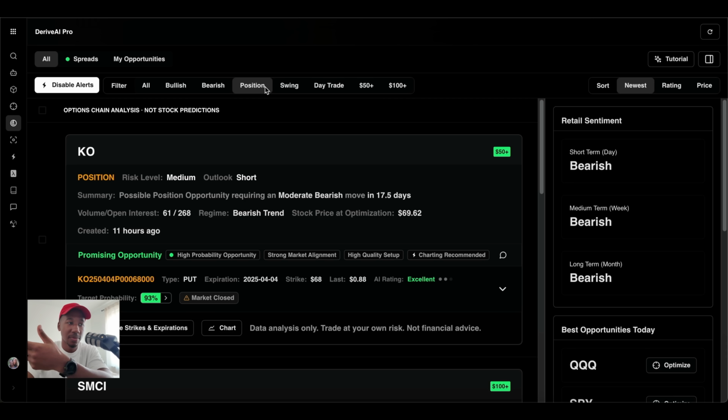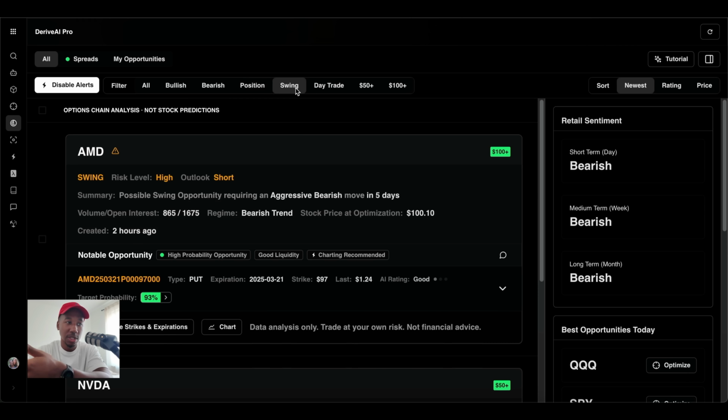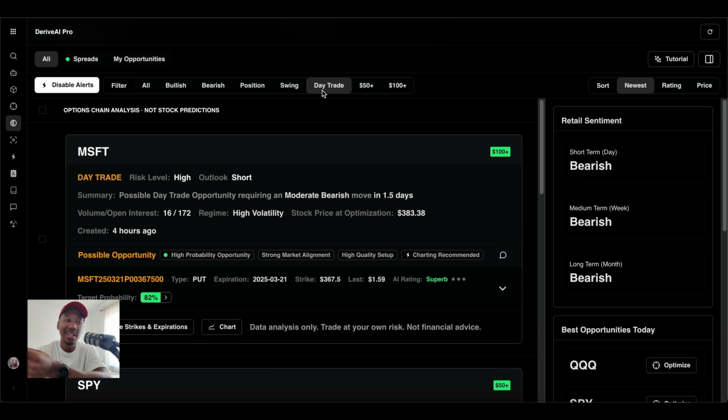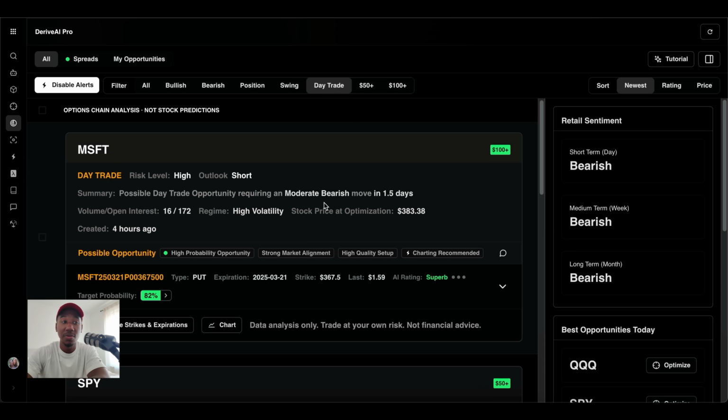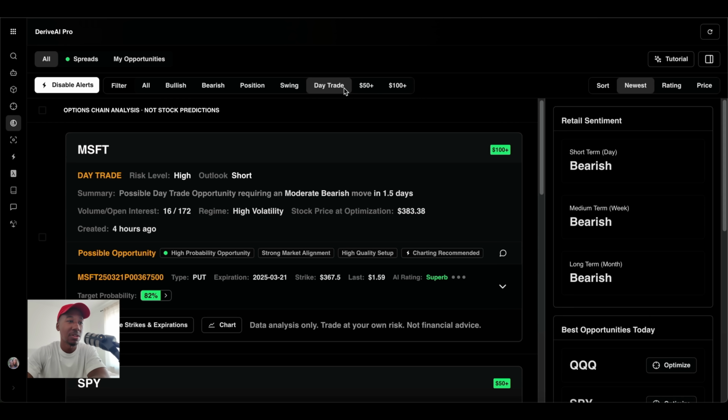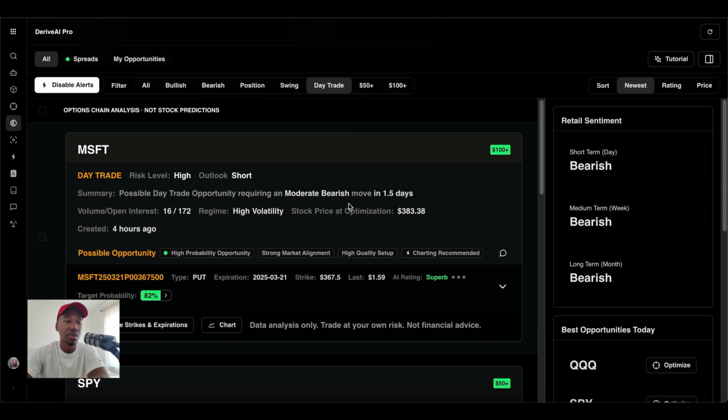Position, these trades are expected to take longer. Swing trades, usually going to take longer than a day, but shorter than a position trade. Day trade, in and out the same day. Sometimes even within a day trade, you can't necessarily look for them, but they're also scalps.